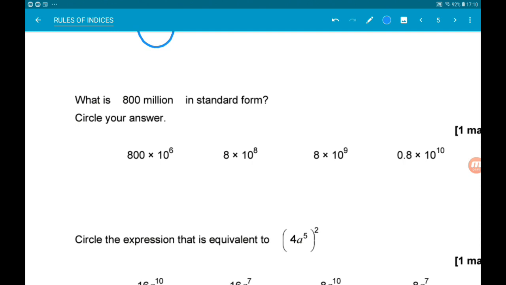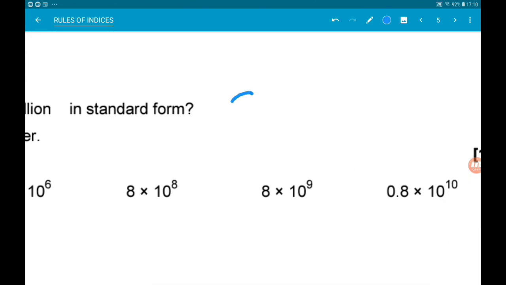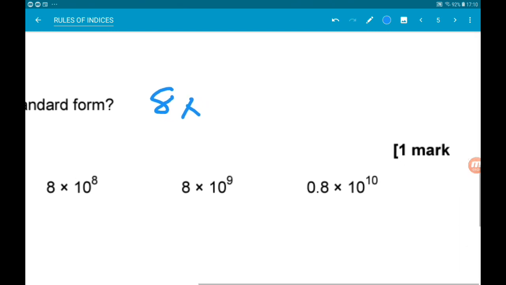So we can write this as 8 times 100 million. Now a million has 6 zeros, and then the 100 at the start is going to have 2. So it's 8 times 100 million.